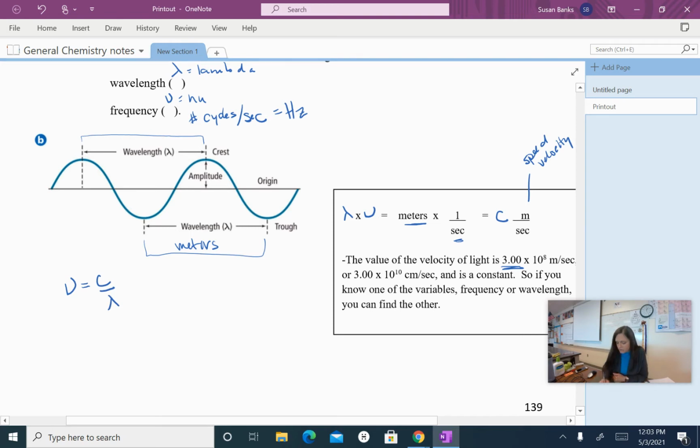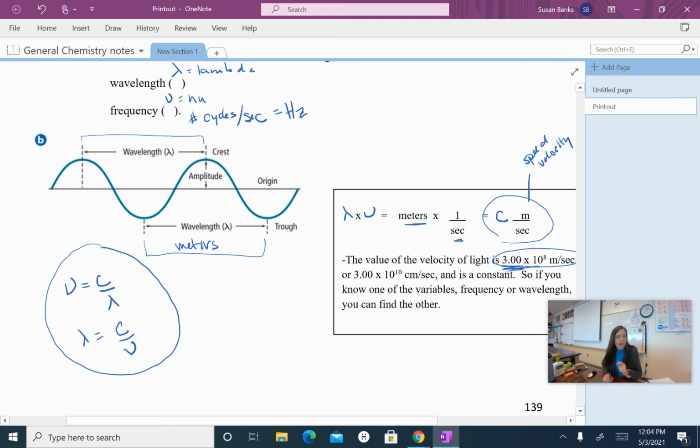Or if I know frequency and I want to know wavelength, wavelength is going to be the speed of light divided by frequency. So if I know one, because the speed of light is constant, I can find the other. Okay, so we are going to use this relationship for a lot of these equations. And you are going to definitely want a calculator here.